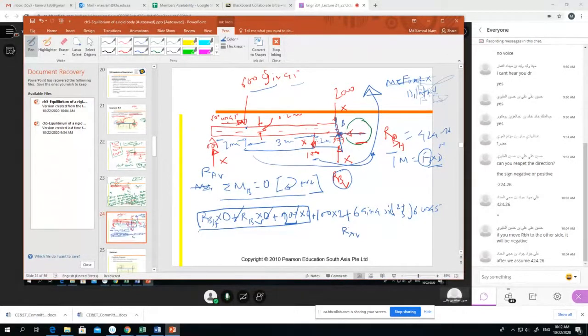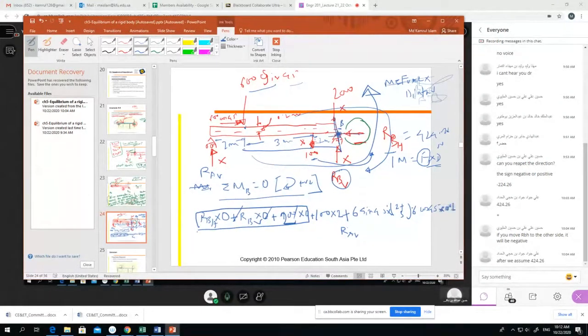Now we have another force, 600 cos 45 degree, and with respect to point B it is rotating clockwise, so it is minus. Here we write down minus. And what is the distance? The distance from this point is point 2, minus 0.2, right?